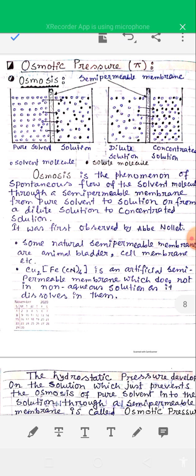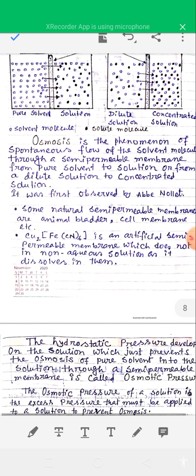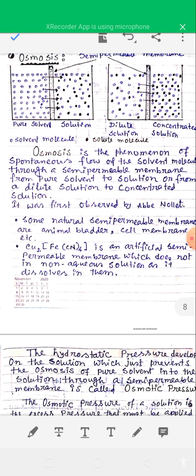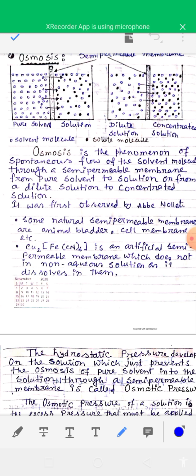Okay, and this is known as osmosis. So osmosis is the phenomenon of spontaneous flow of solvent molecules through a semi-permeable membrane from pure solvent to solution, or from dilute solution to concentrated solution. And this phenomenon is known as osmosis.